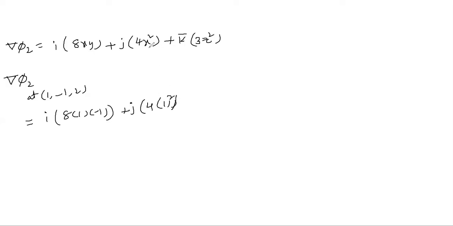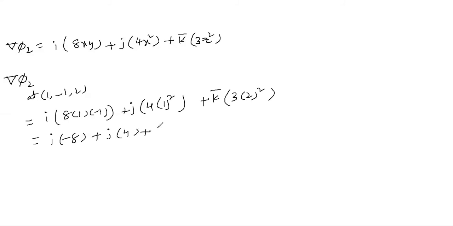So now 4 into 1 square, k into 3 into 2, the z value. So now what is the value? Minus 8 i, 4 j, and k into 2 square, 4 into 3 is 12.